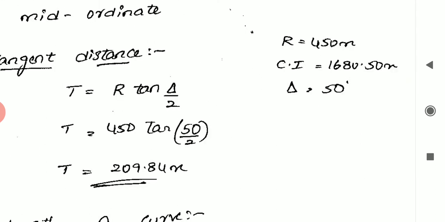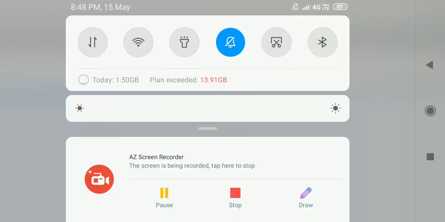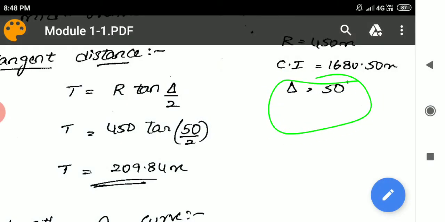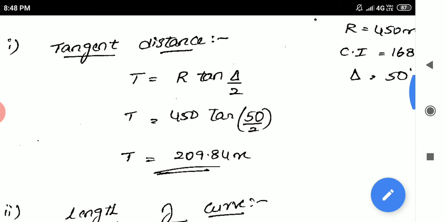So radius is 450 meter, chainage of intersection is 1680.5 meter, and this is the deflection angle. So R is 450 meter. Okay, let's see what he asked for first one, tangent distance.